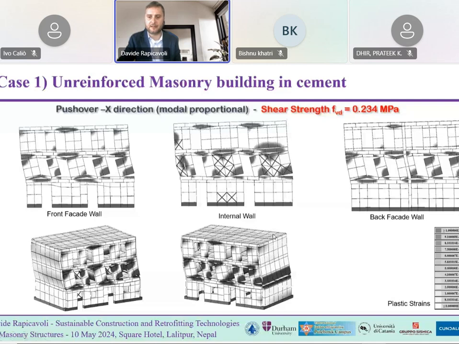So for this reason, no local mechanism occurs, but global mechanisms are activated, in particular on the first floor. We can recognize a rocking collapse mechanism of the front facade and back facade. In the internal wall, a shear collapse mechanism combined with the rocking mechanism also occurs.